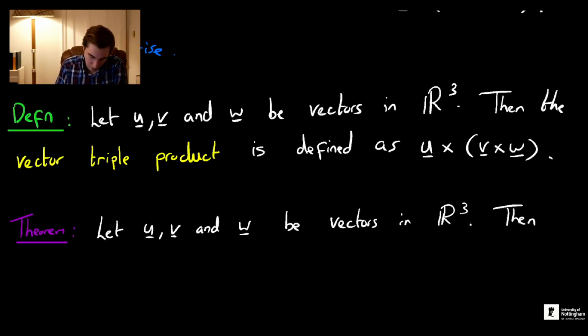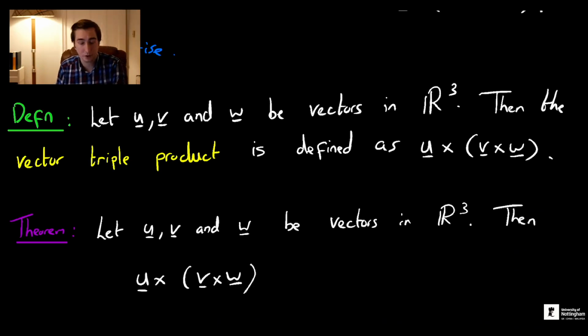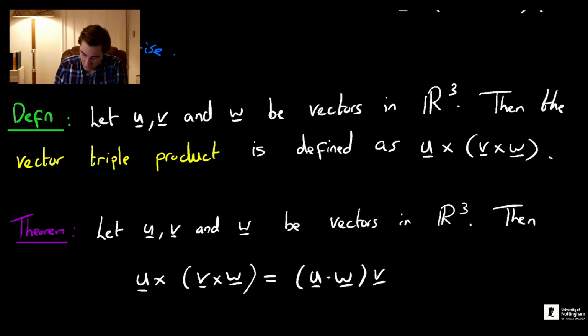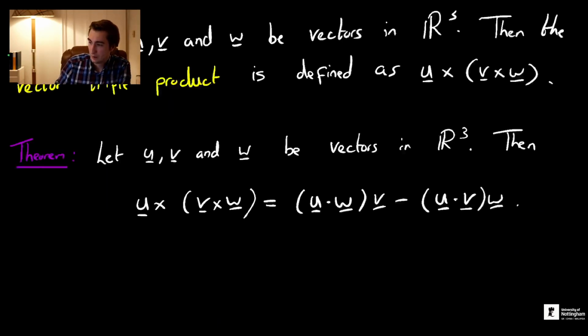Then we can write that u cross v cross w, in other words, the vector triple product of u, v, and w, is equal to u dot w times v minus u dot v times w. Okay.